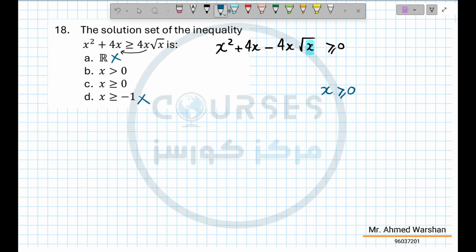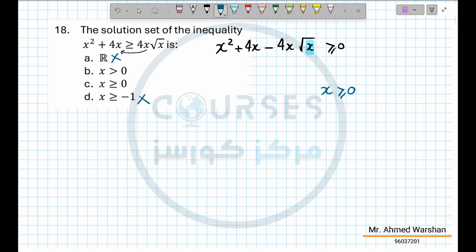Why is A wrong? Because A is all real numbers. It includes negative numbers, where x can't be negative. It's inside a root. Same thing here. X is greater than or equal to -1. So some negative numbers are also included in here. So again, all that's left is either B or C. Mister, you wrote x is greater than or equal to 0.